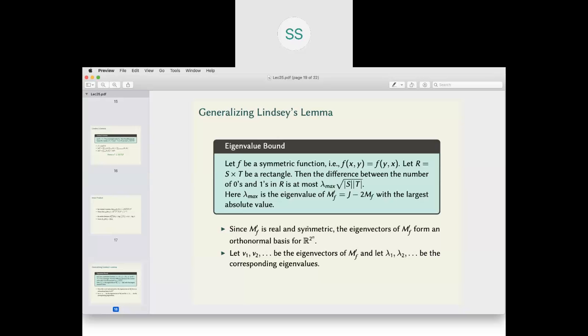You make all the 0 entries as 1 and all the 1 entries as minus 1. So lambda max is the absolute value of the eigenvalue with the largest absolute value. Okay, so if you order all the eigenvalues in descending order with respect to the absolute value, lambda max is the absolute value of the first eigenvalue.